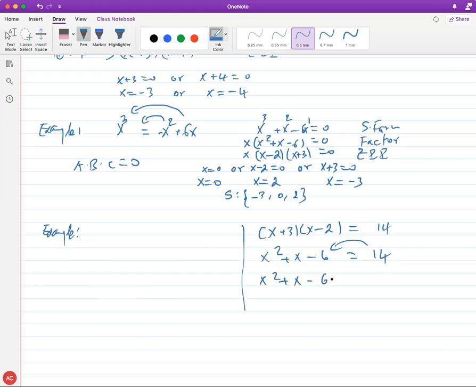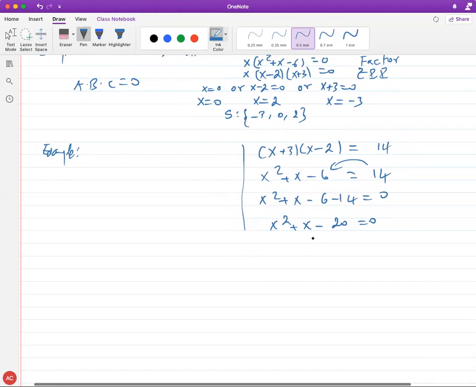It becomes negative 14. We can combine these two here. So x to the second plus x minus 20 equals 0. Can we now factor this? Now it's in standard form. What do we do after that?